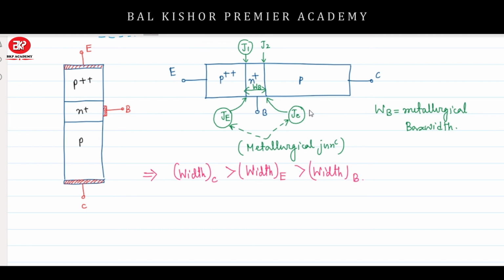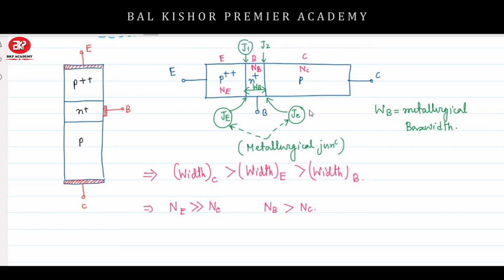Similarly, if the doping concentration of the emitter region is NE, the doping concentration of the base region is NB, and the doping concentration of the collector region is NC, then we can write that the doping concentration of the emitter region will be very much greater than the base doping concentration, and the base region doping concentration is greater than NC, that is the collector doping concentration.